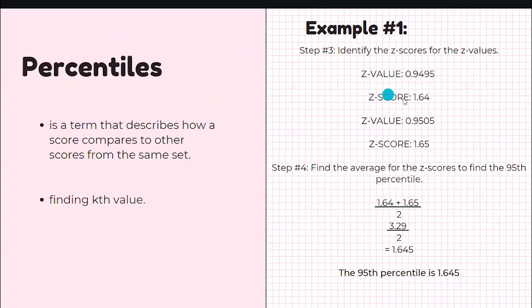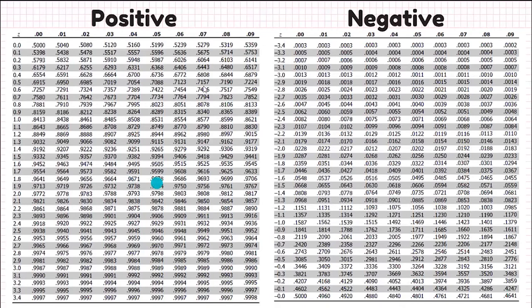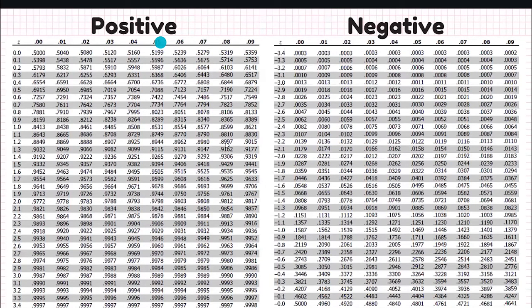So first, for the 0.9495 value, we are in this row 1.6, and above this is 0.04.